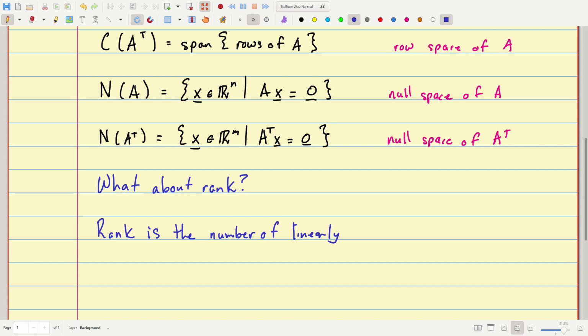So we say that rank is the number of linearly independent columns of A. All right. Now, what's another way that we can characterize the rank of a matrix?